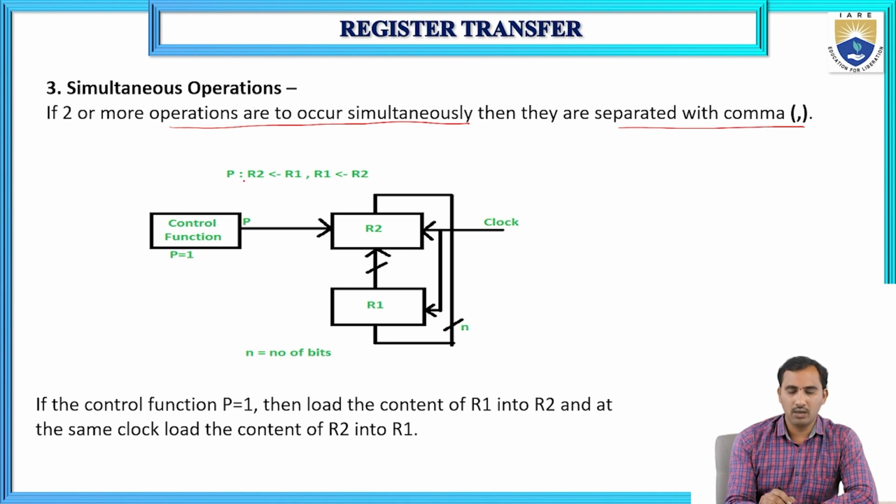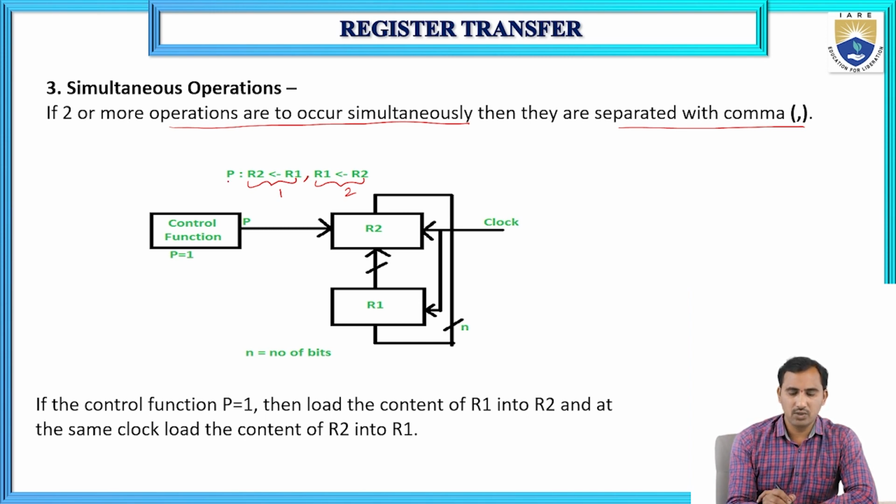P colon R2 arrow R1, comma, R1 arrow R2. Here two operations are taking place, this is one operation and this is another operation. These two operations are performed simultaneously, and we can represent both by separating them with a comma.